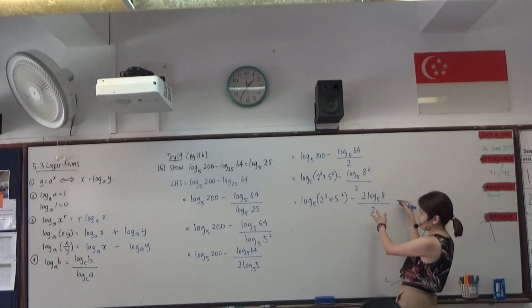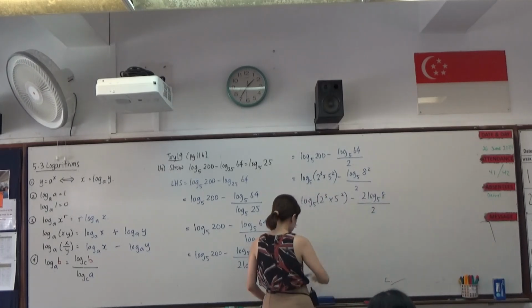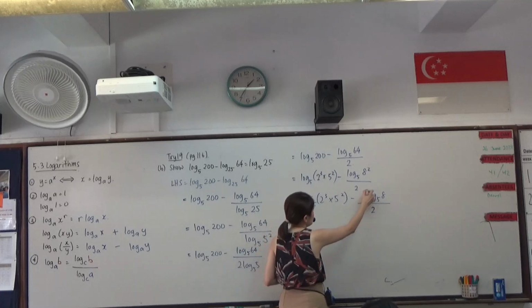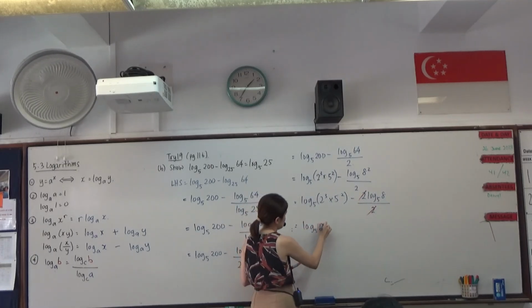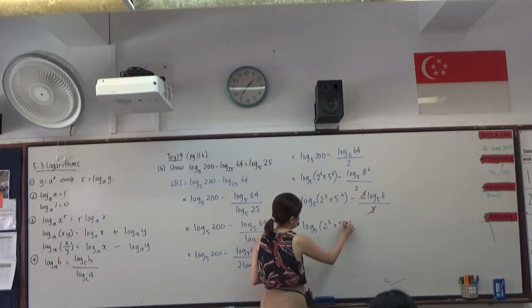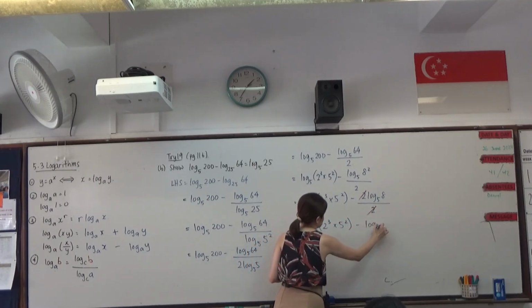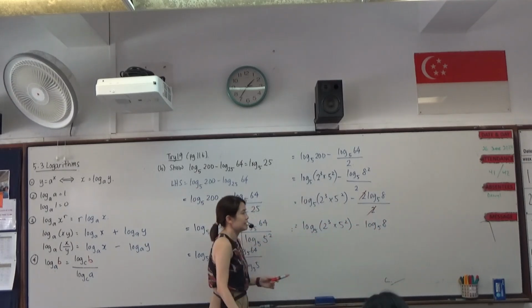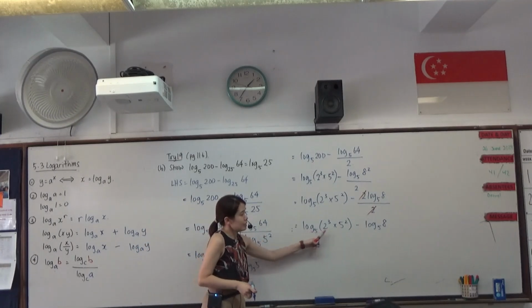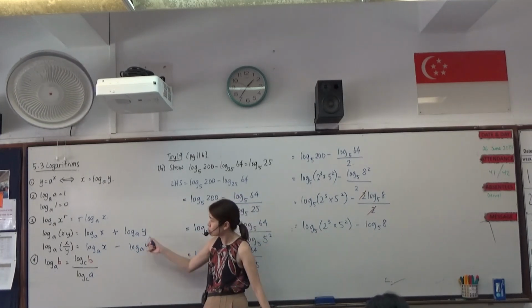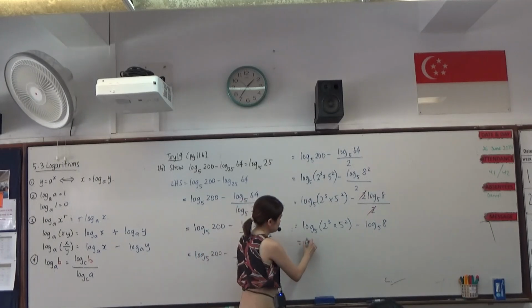Then this will become division of 2. Okay, like that, right? This case is a product, right? Use our product rule, it becomes addition.